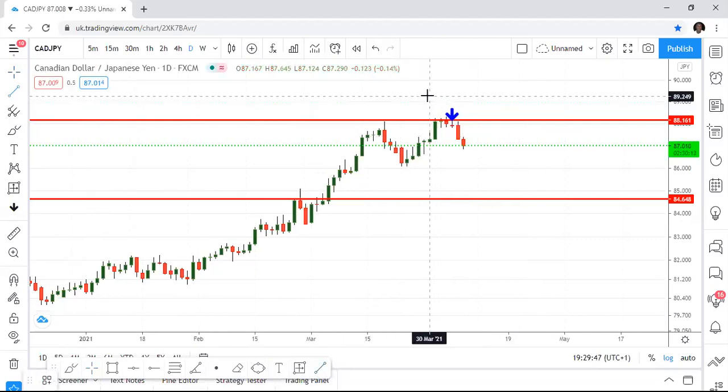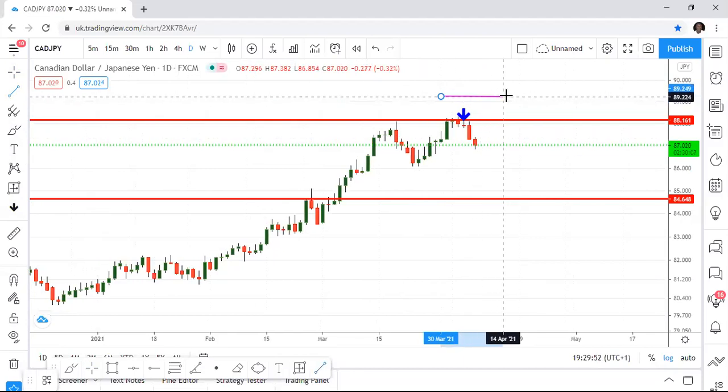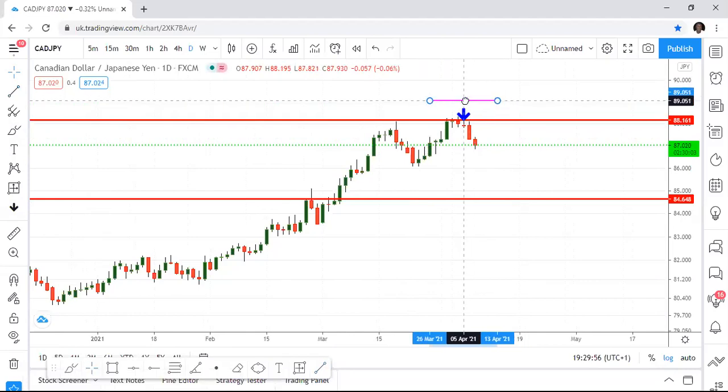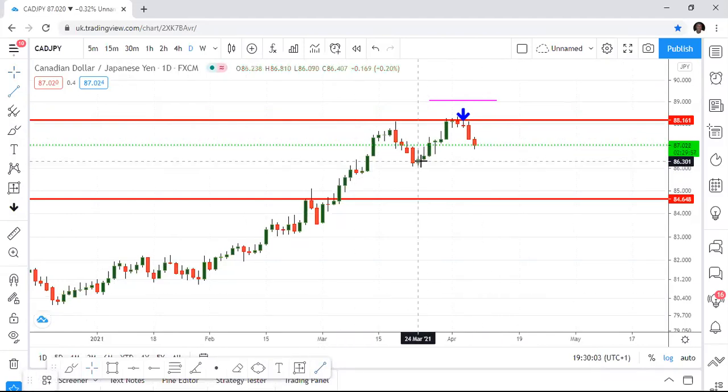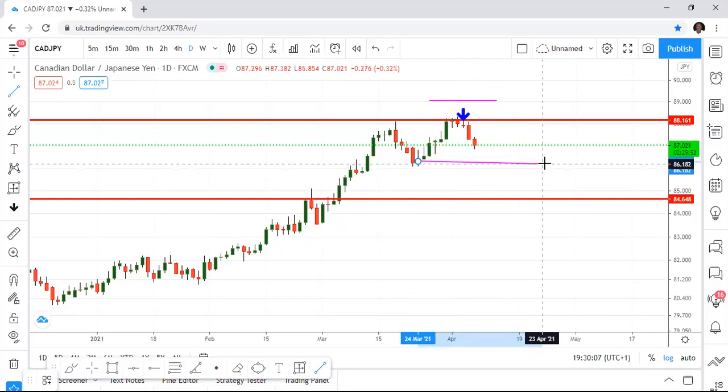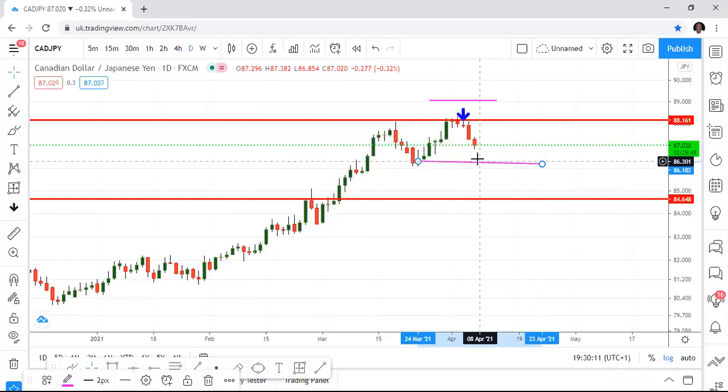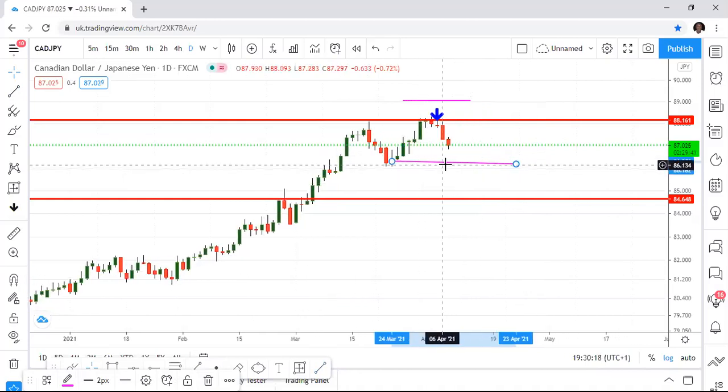In case of any unforeseen circumstances, your stop loss should be there, and then your first take profit should be here. You should not put it exactly where it turned from. Take it a little bit.